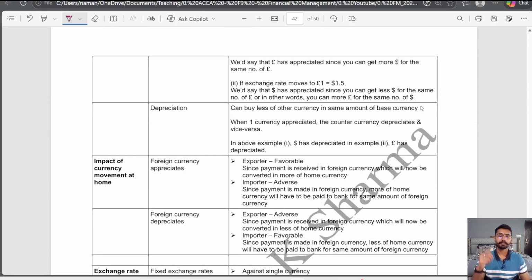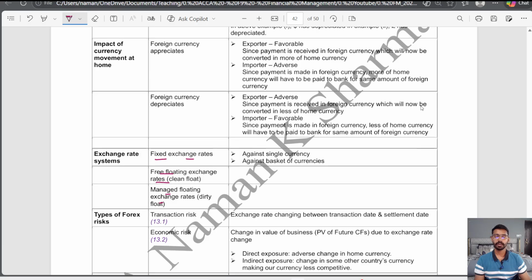Okay, now what is the impact of these exchange rates on business and on transactions? If you are an exporter, and foreign currency appreciates, so let's say you are from India, you sold certain goods in USA for $1,000. So now you are going to receive $1,000. $1 was equal to 85 rupees earlier.